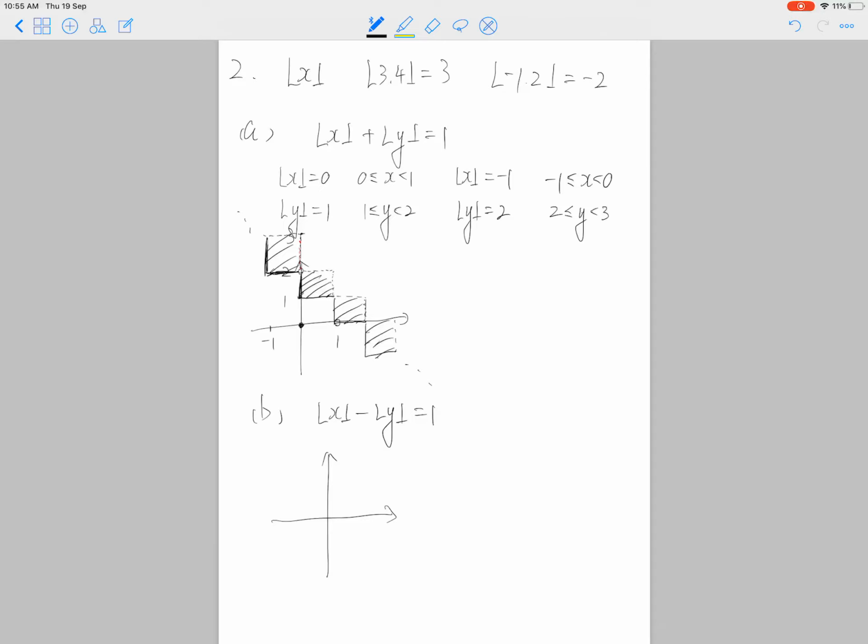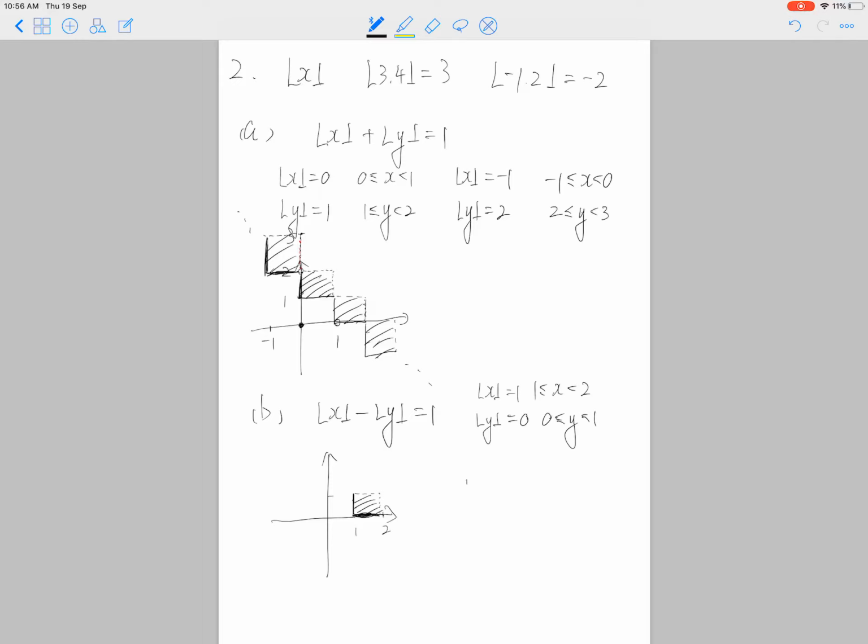For example, floor of x is 1, floor of y is 0, so x is greater or equal to 1, strictly smaller than 2. Y is greater or equal to 0, strictly smaller than 1. So x is strictly greater than 1, smaller or equal to 2. Y is strictly greater than 0, smaller or equal to 1. Right, so it's this part.